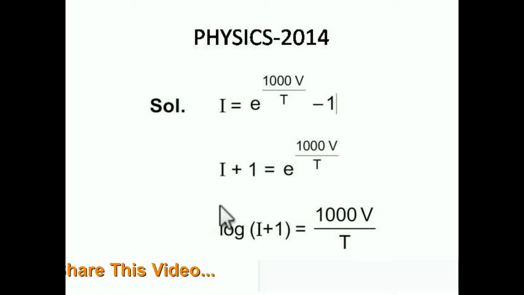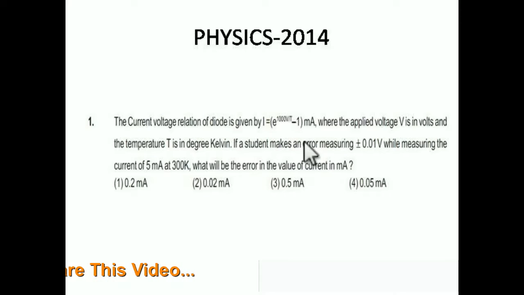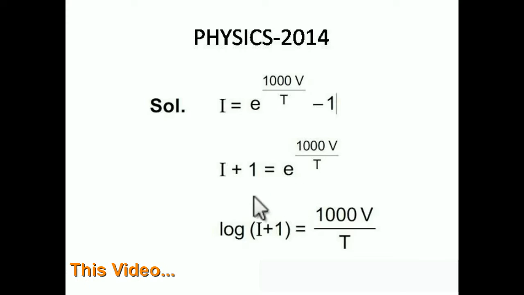Now what I have to do is find the error in measuring. For that, I have to take the differentiation of this equation. If I take the differentiation, you all know that the differentiation of log of a function is 1 upon the function.